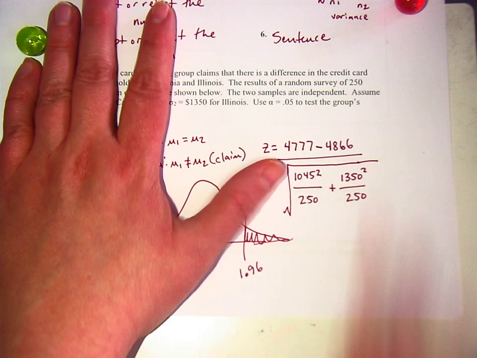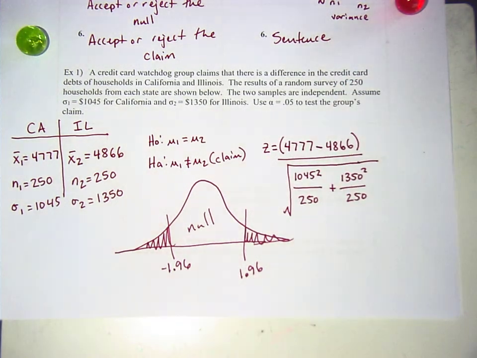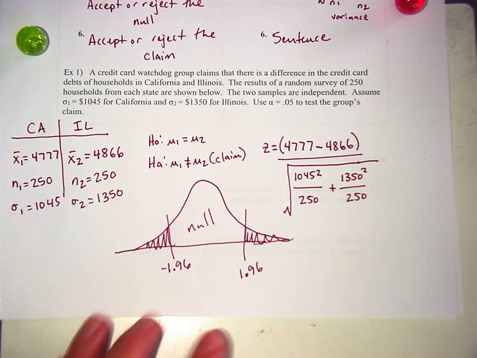Okay, so going back down here, you've got to try putting this in your calculator all at once. Put parentheses around the top. Parentheses 4,777 minus 4,866, parentheses, divided by the square root. The nice thing about the stuff under the square root is that it all takes care of itself as far as order of operations, so you don't need anything extra.